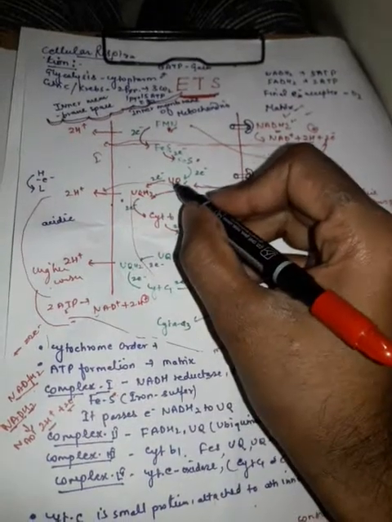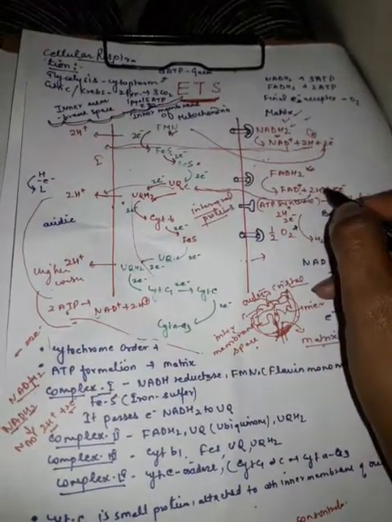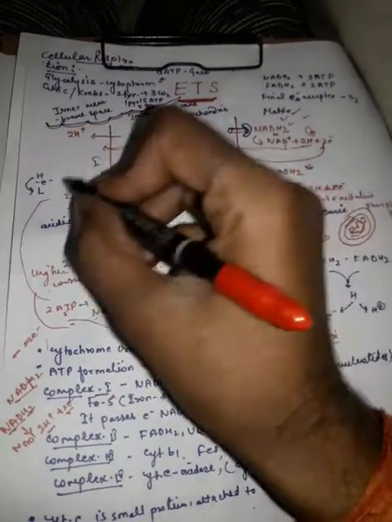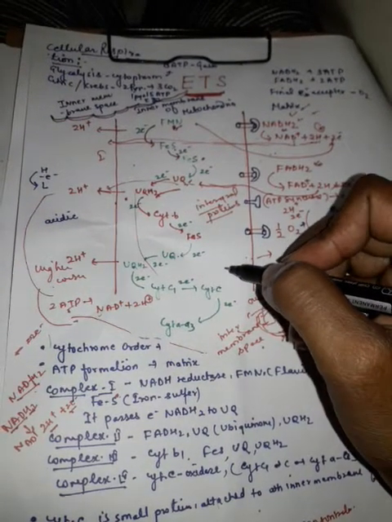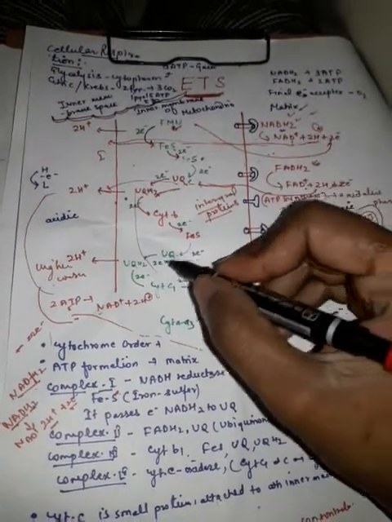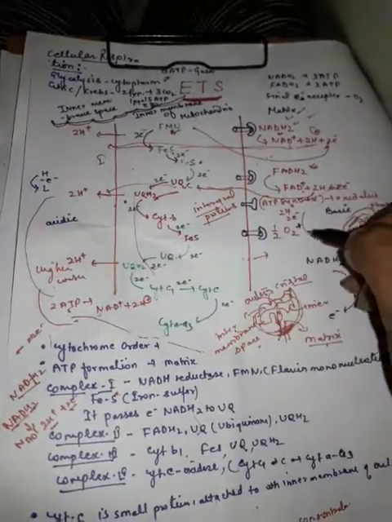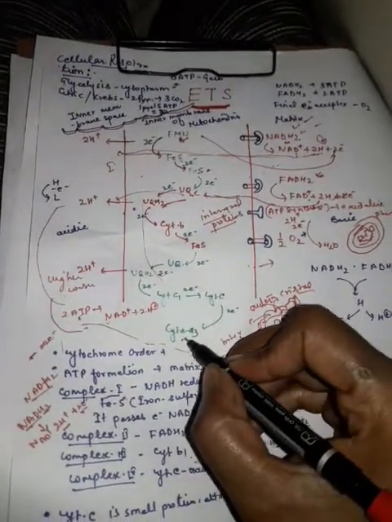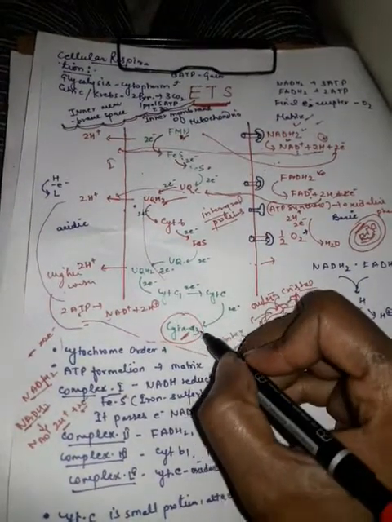This is the second complex, okay, and when these electrons pass from here, these hydrogens will transfer here, okay. Like that, complex 3 contains cyt b, c1, FeS, UQ and UQH2, this is the third complex, okay. Here the same process is involved, okay. The last electron capturing, the fourth complex, is cyt a and a3, okay.